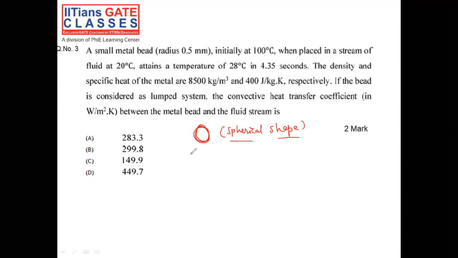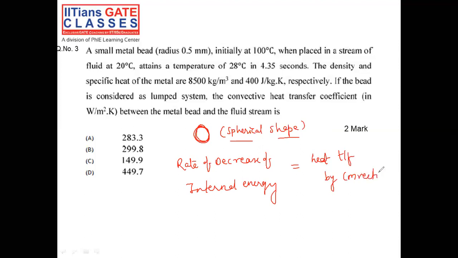Now, I can clearly say that the rate of decrease of internal energy is going to be the heat transfer by convection. That means minus mCp dT by dt is going to be hAs (T minus T infinity).